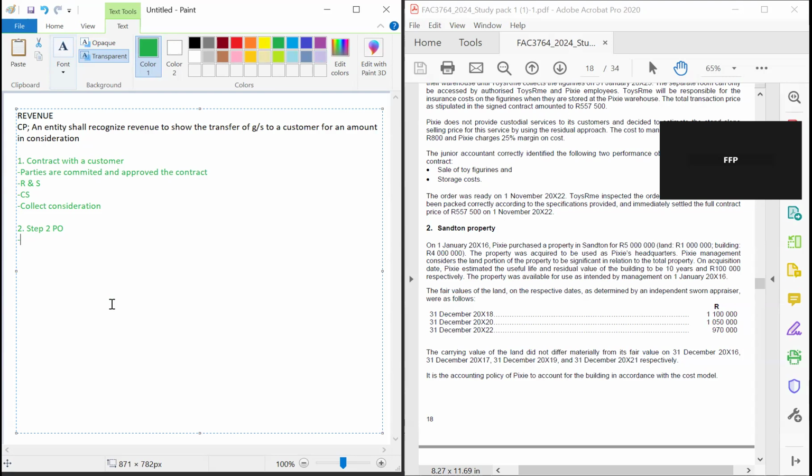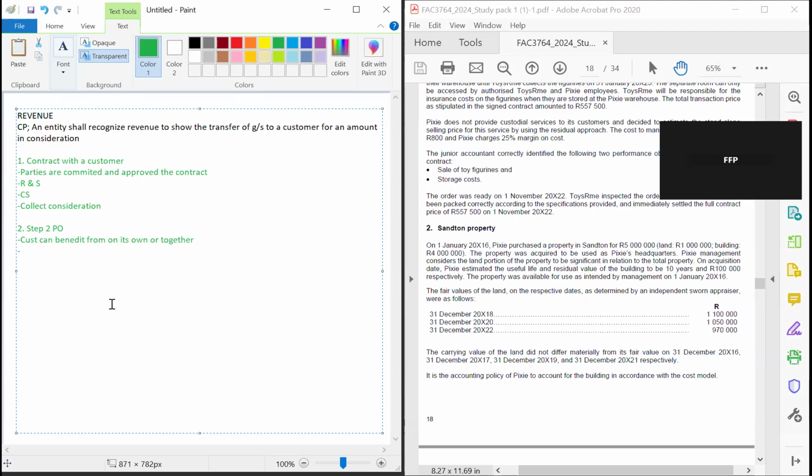And how can performance obligations be distinct? It is only if a customer can benefit from the product on its own or together with other available resources or readily available resources, right? And then again, it needs to be what?